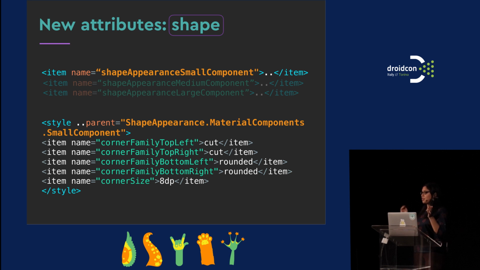I want bottom left, bottom right to be rounded. And I want the corner size to be 8dp. So now you have a whole new level of granularity when it comes to shaping components through your app. And you can do them in these three categories. So you can have the same shape throughout components, which is really convenient and quite cool. All right, so this wraps up shape theming.